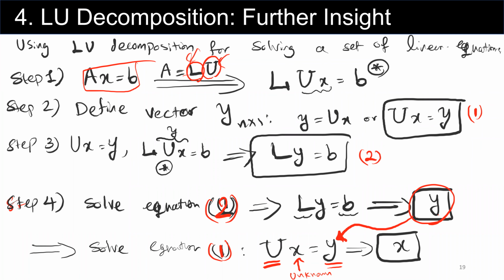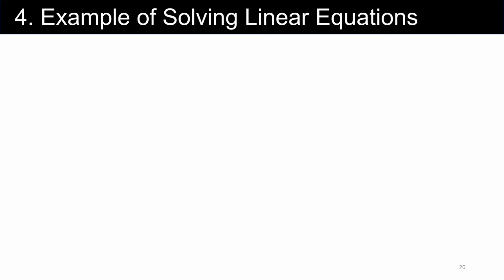So now that we know this, let's take a look at an example of solving linear equations using LU decomposition. Let's say we are given matrix A, which is [2, 6, 2; -3, -8, 0; 4, 9, 2].